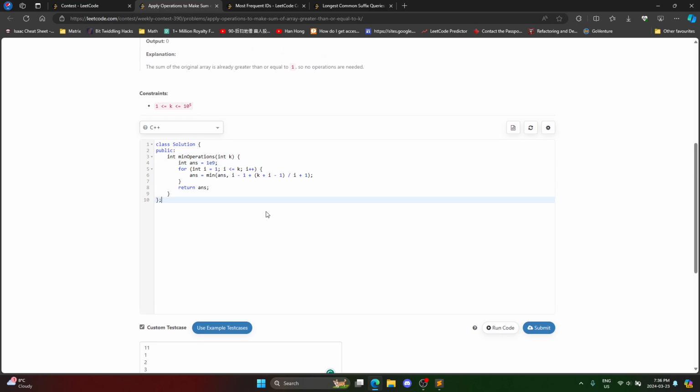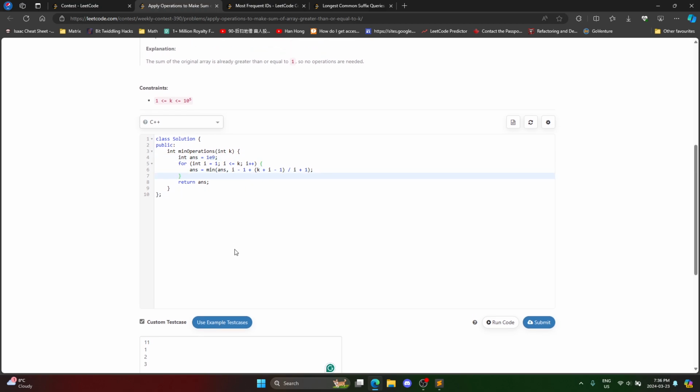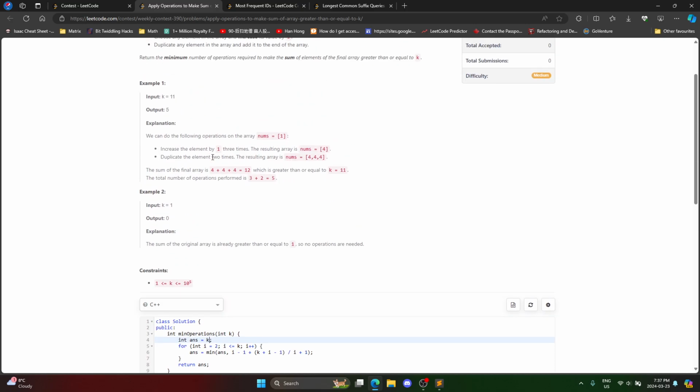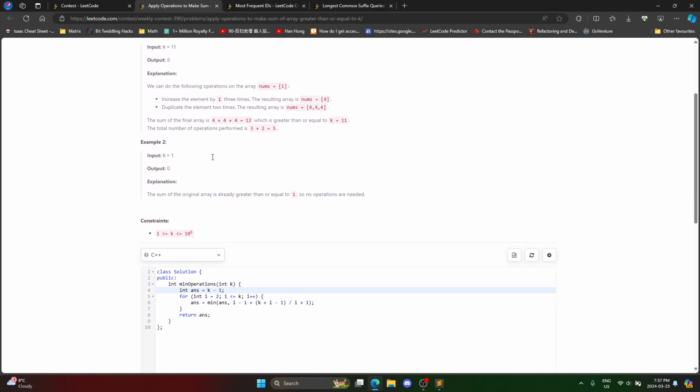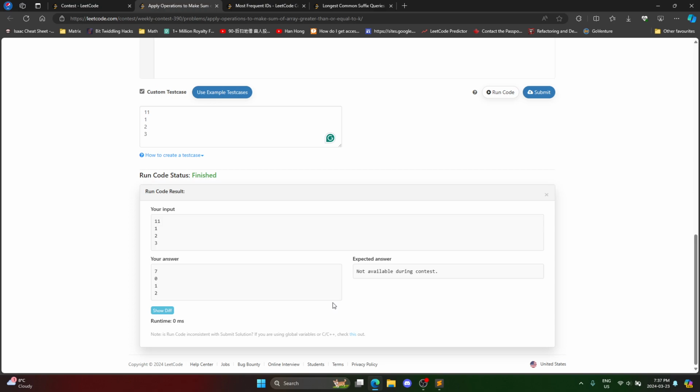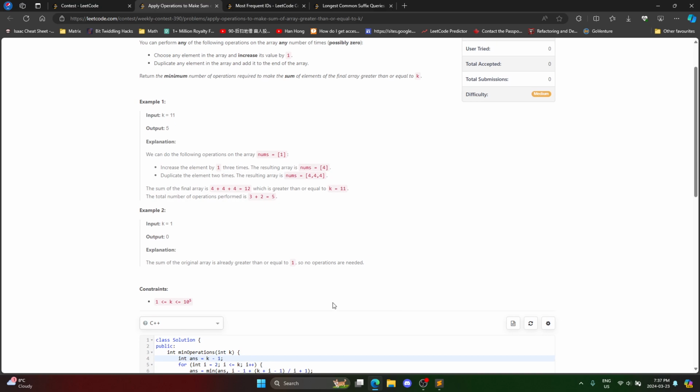So if I is equal to 2, 1 and 2. So 1, so this is 0. This is a rounded up division. Okay, how's that?